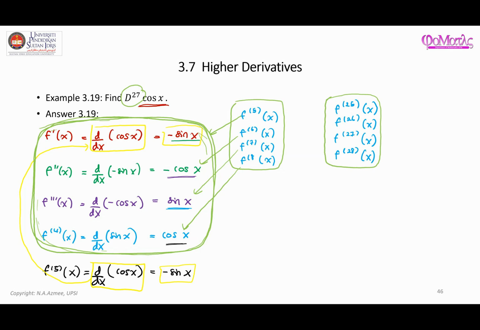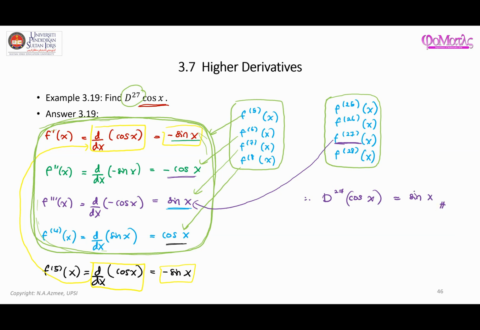And you can see that for the particular question that we're interested in, which is the 27th derivative, the result is going to be this one here, which is sine of x. So with this manner of constructing the idea, you can see that the 27th derivative of cosine of x is going to be equal to sine of x.